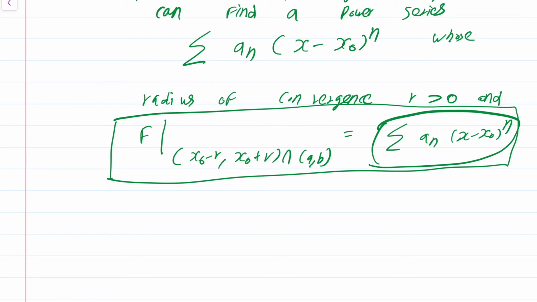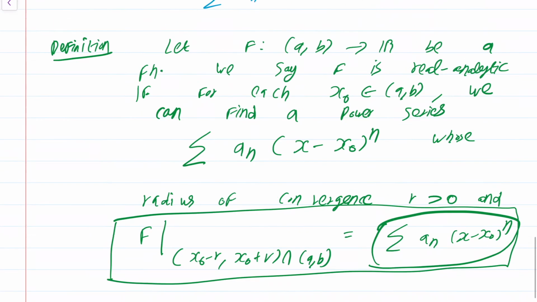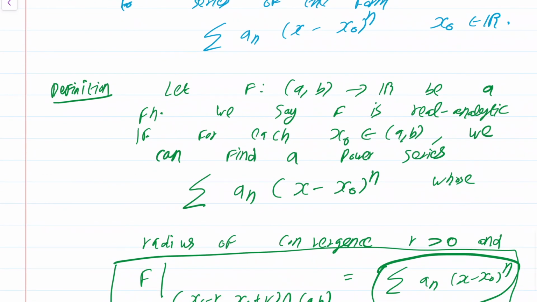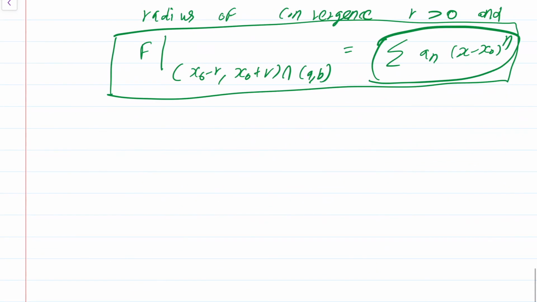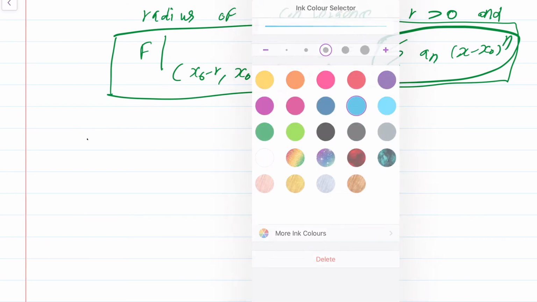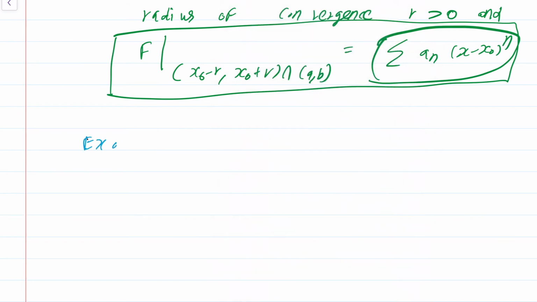Okay, so real analytic functions are those that are locally expressible as a power series. Now, it is very easy to see, examples first, polynomials are real analytic.